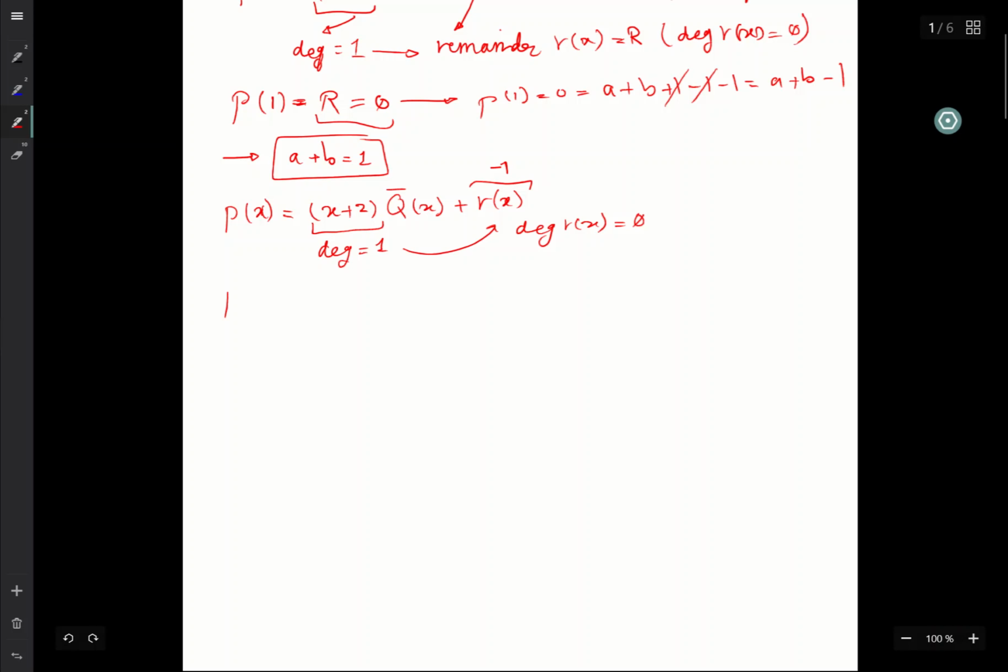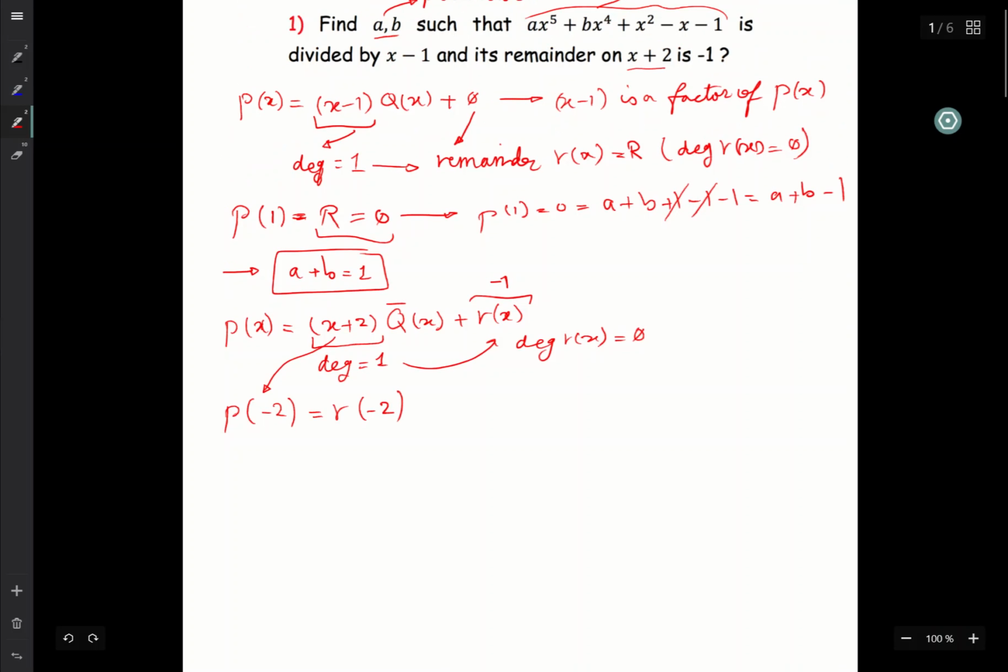And we already know that if I plug in the root of x + 2, which is negative 2, p of negative 2 is equal to r of negative 2, right? And this should be a number r, which is negative 1. Therefore, the second information is p of negative 2 is -1.